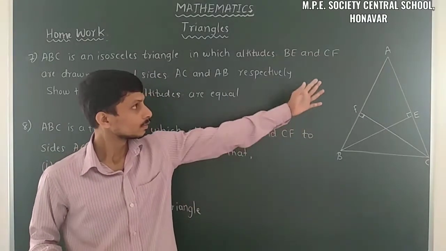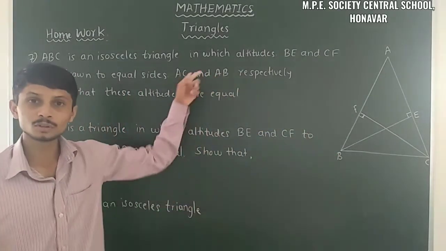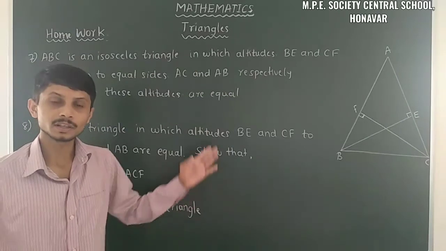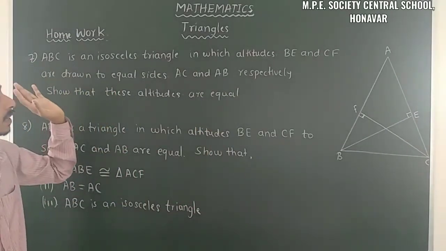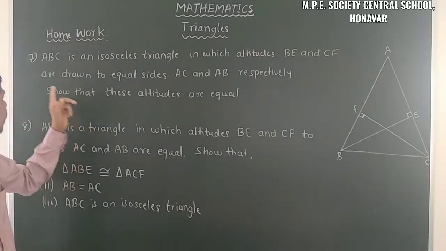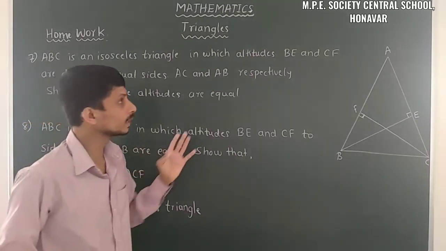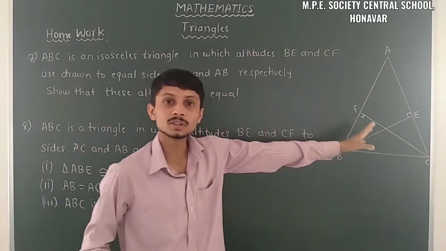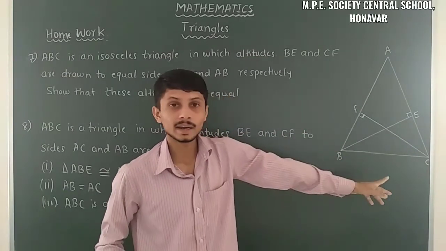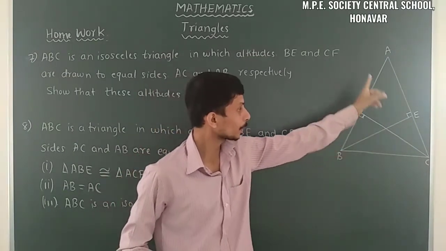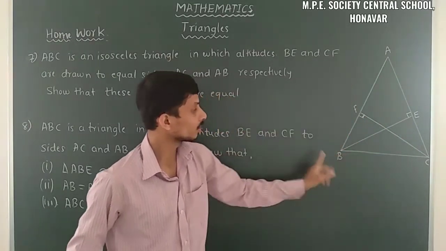Here, this figure, this diagram is common for both problems. So let us discuss the homework. ABC is an isosceles triangle in which altitudes BE and CF are drawn to equal sides AC and AB respectively. So BE and CF are altitudes, which are drawn perpendicular to AC and AB. Here BE is perpendicular to AC and CF is perpendicular to AB.